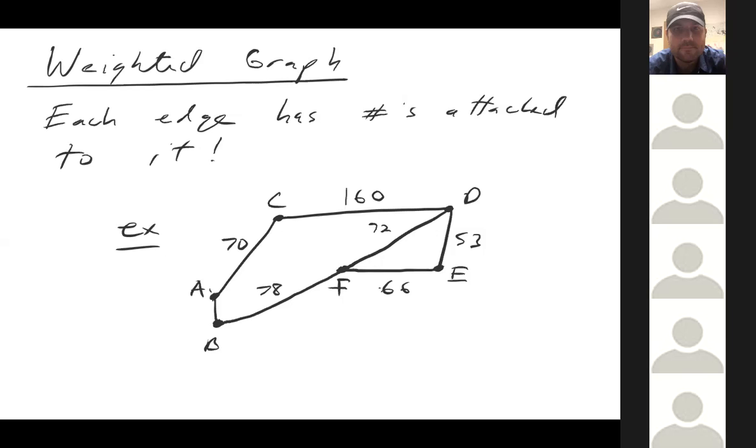Then I could try to find the fastest way to go through all these distances, meaning how do I hit every one of these cities, A, B, C, D, E, and F, and minimize my distance? What route could I take that minimizes that distance? Okay. So the traveling salesperson problem is one we're going to work on.